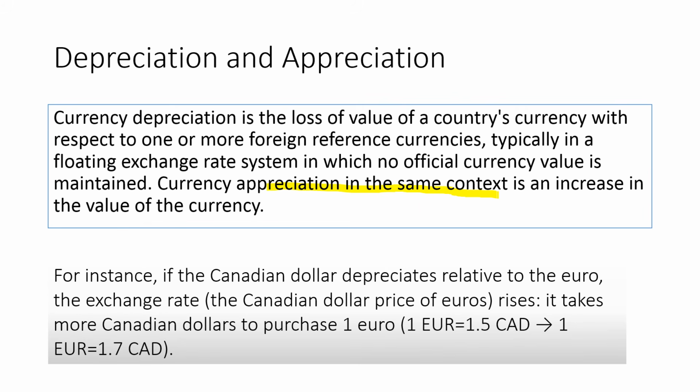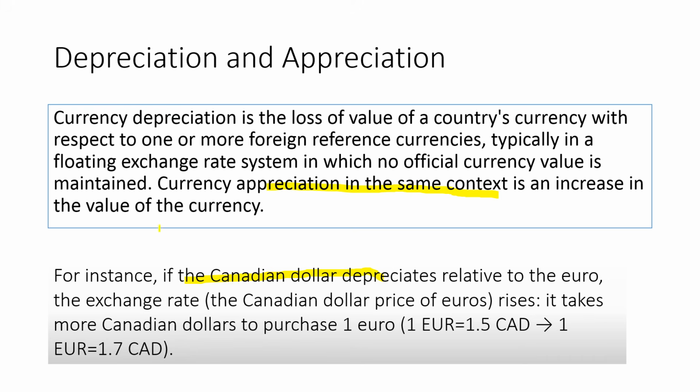So for instance, if the Canadian dollar depreciates relative to the euro, the Canadian dollar price of euros rises. It takes more Canadian dollars to purchase 1 euro. So 1 euro equals $1.5, then 1 euro equals 1.7 Canadian dollars.